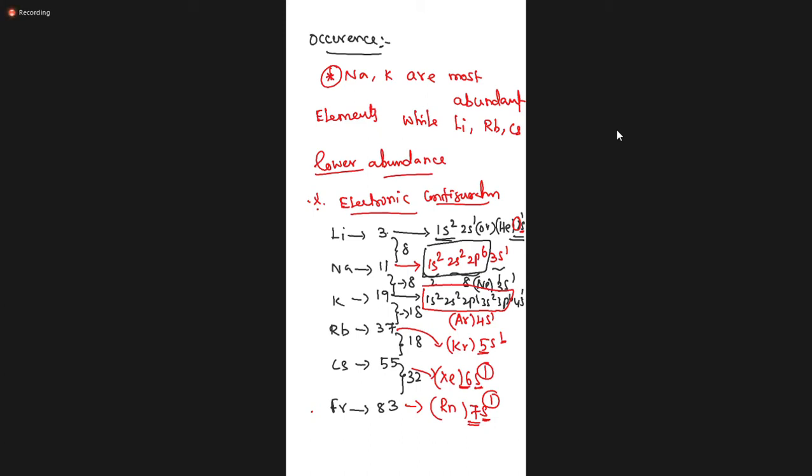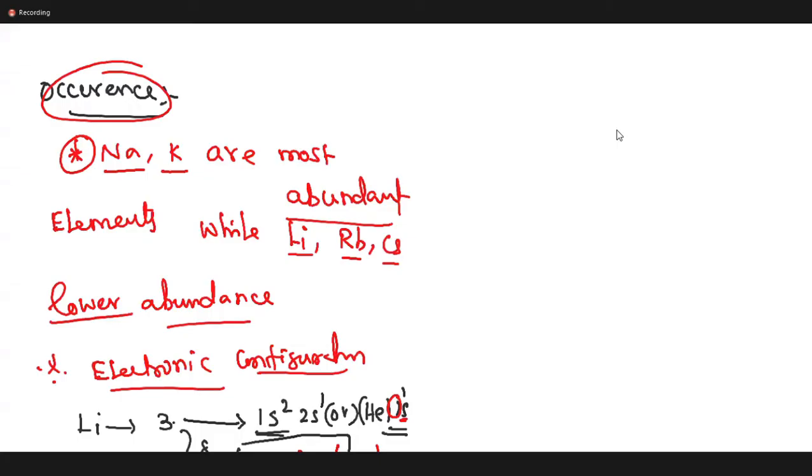What is occurrence and what is abundance? Occurrence means occurring. Sodium and potassium are the most abundant metals, while lithium, rubidium, and cesium are of lower abundance. Suppose in the earth crust, which is the most abundant element? We can say aluminium, oxygen, like that. Correct? So which is the most abundant element in the first A group elements?